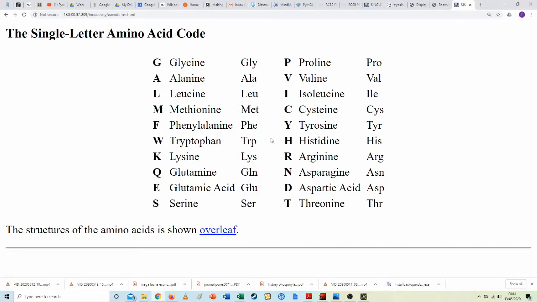The thing that would happen over time if you were to study this is you would learn this off by heart, but there's no need to do that just now. Oh, right. One that I'm not particularly familiar with. Threonine, I think.